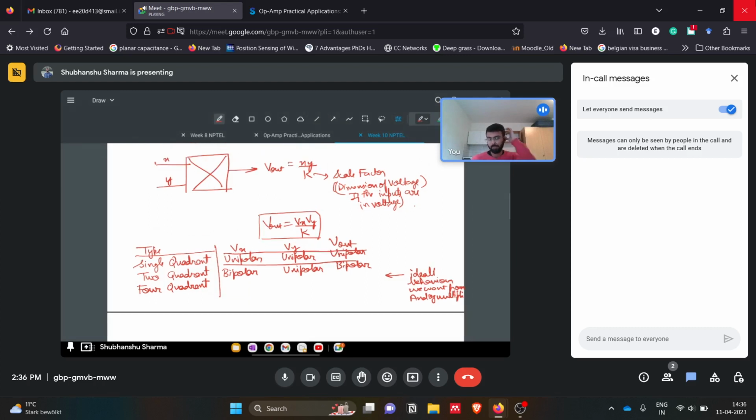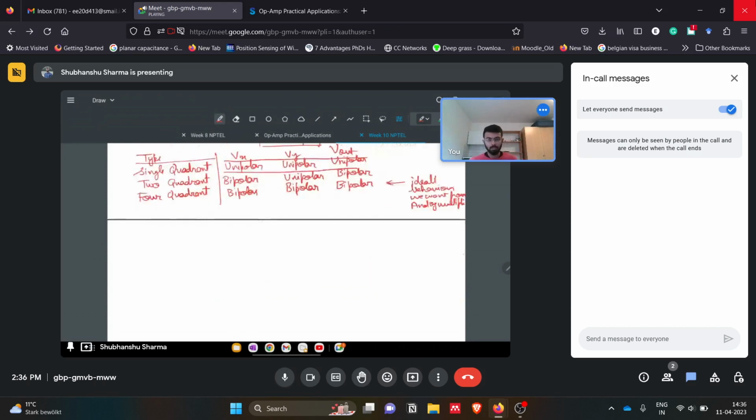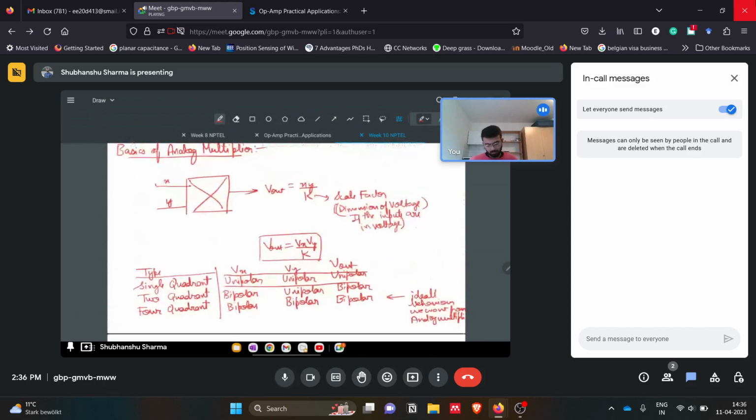It should multiply both of the signals, and accordingly give the output. So in a four quadrant system, Vx is bipolar, Vy is also bipolar, and the resultant Vout is bipolar. So this is about analog multipliers.